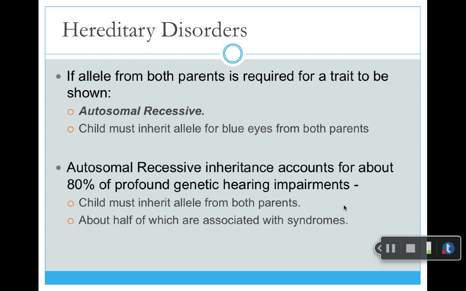And I'm not necessarily talking about bilateral, profound hearing loss. It could be a moderate hearing loss, it could be a unilateral hearing loss, it could be a mild hearing loss. They're recessive and they're more common than we think.